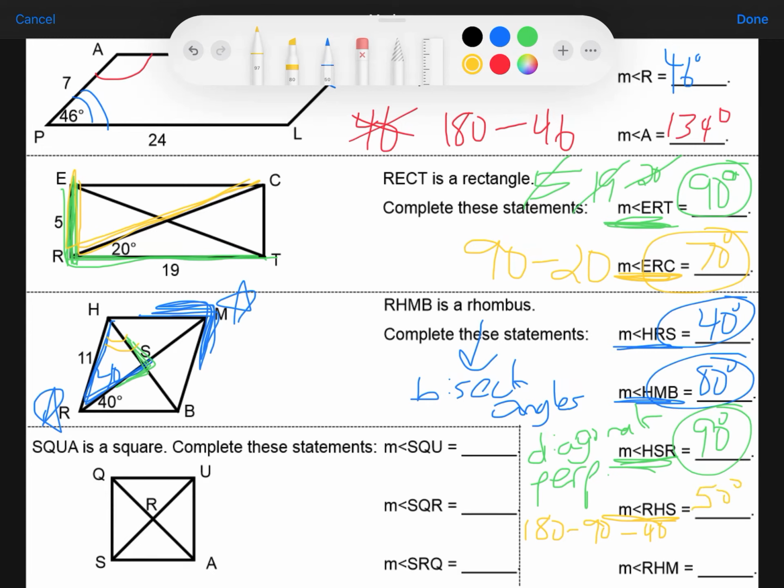This is just an easy Monday problem thrown into this review here. Comes out to be 50. And then how big is RHM, the whole angle? 50 plus 50, twice as big, has to add up to 100 because the diagonals bisect the angles. Not too bad, not too hard.